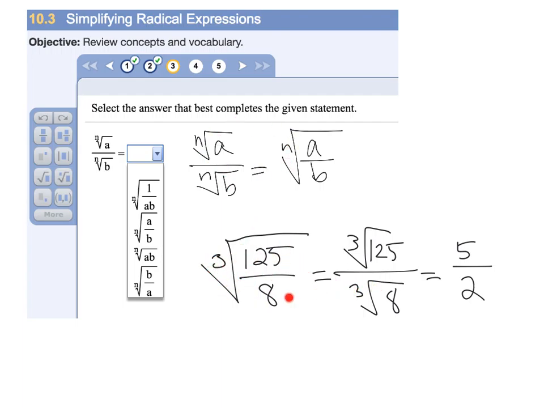We're going to take a big fraction and separate it into 2 small roots. In this case, it's third roots. And then you get your answer. So just to be clear, the answer in this case is the nth root of A over B.